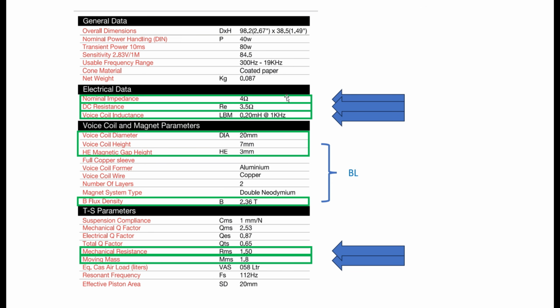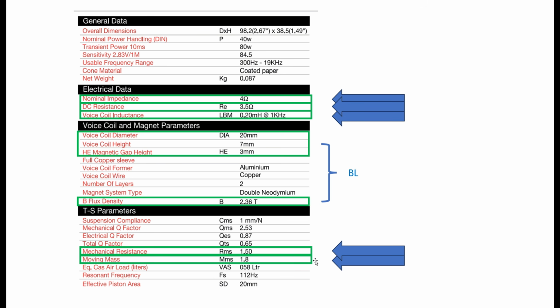And now we can look at some data that relates to the electrical resistance applied to the motor that's working against it, which includes the nominal resistance of your speaker, what class it's in, the resistance of the voice coil, which is RE, and the voice coil inductance. In this case it's shorthand LBM, but it's usually LE. So you can look at those types of things and get a sense of how much force is being applied against the motor.